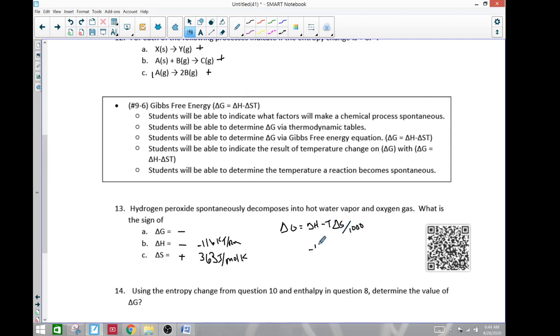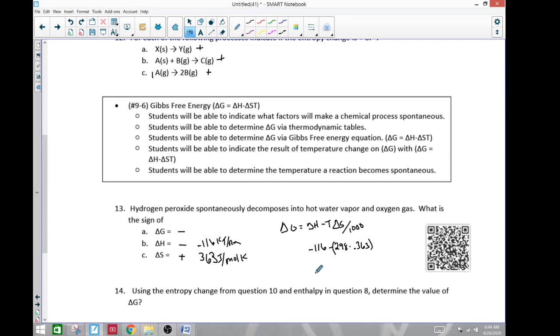So negative 116 minus the temperature, which, this must be STP, I guess, 298, which is standard for thermodynamics, times delta S, which is 363. Now I'm going to do this on the fly, 0.363.